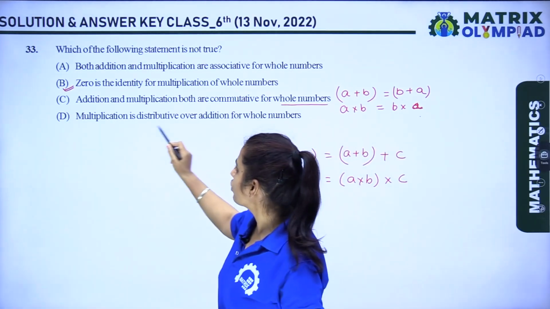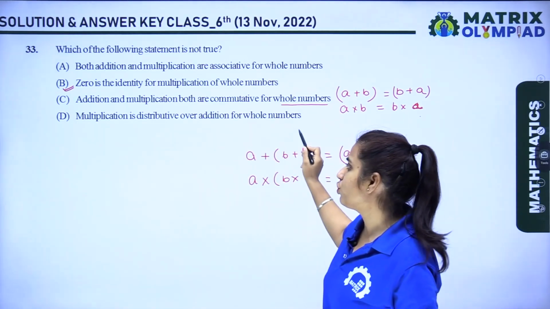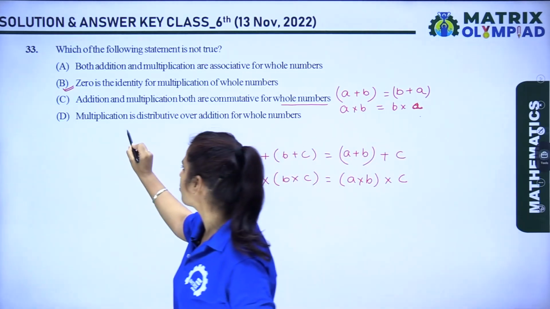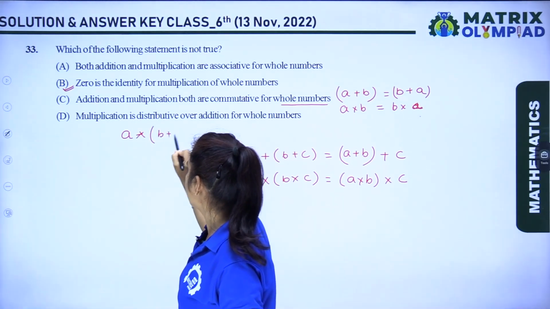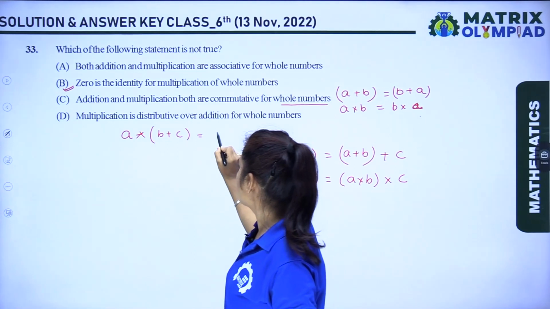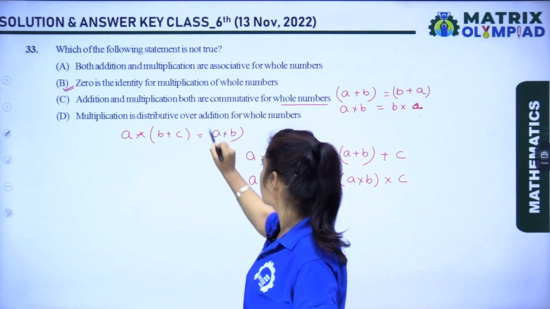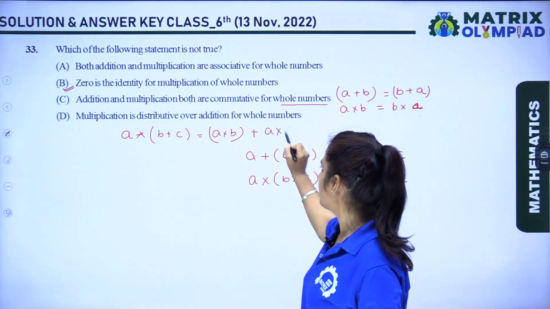Now, multiplication is distributive over addition for whole numbers. Yes, it is also true. Distributive property is A multiplied by B plus C equal to A multiplied by B plus A multiplied by C.